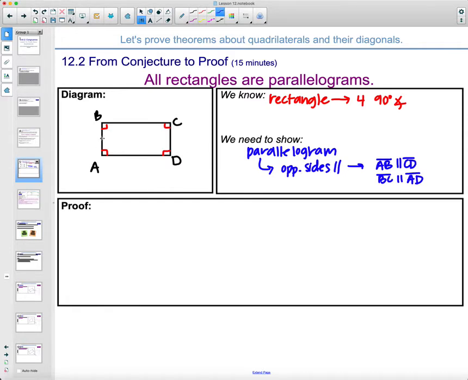So we're trying to show this is parallel to this, and this is parallel to this. We don't know that yet, that's what we're trying to show. So then you have to think about, how do we actually show that lines are parallel? What are the ways that we know to show that lines are parallel?